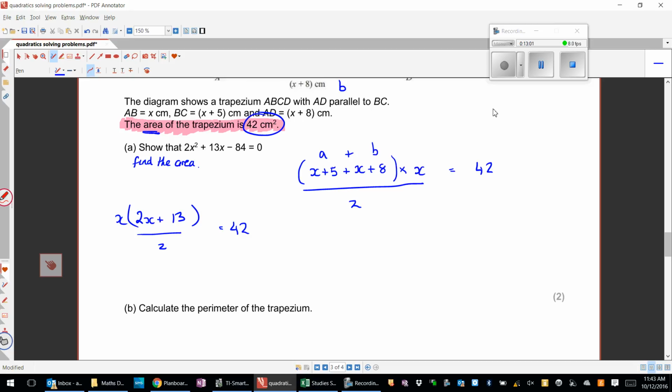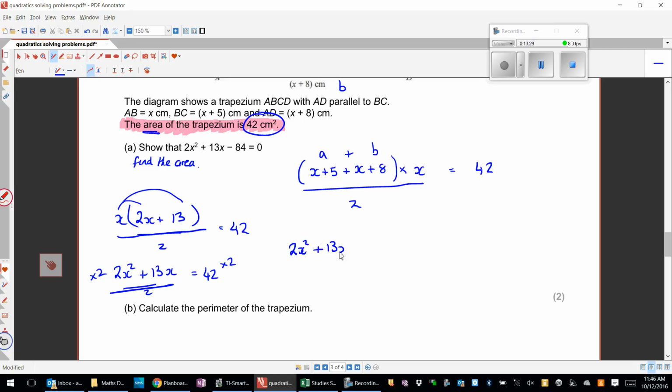Okay, let's have a look then. So I'm pretty sure most of you are there. We have to expand the bracket, so we get 2x squared plus 13x over 2 equals 42. This whole thing is divided by 2, so we should multiply both sides by 2, and that gives me 2x squared plus 13x, no longer divided by 2.